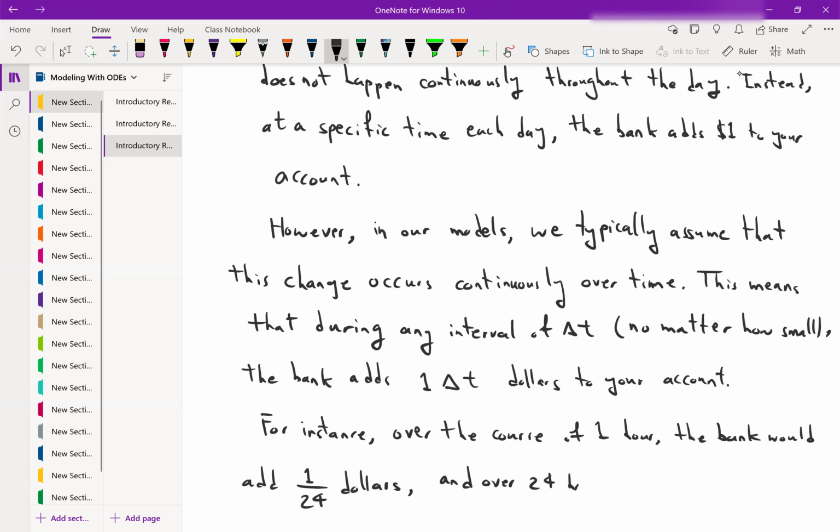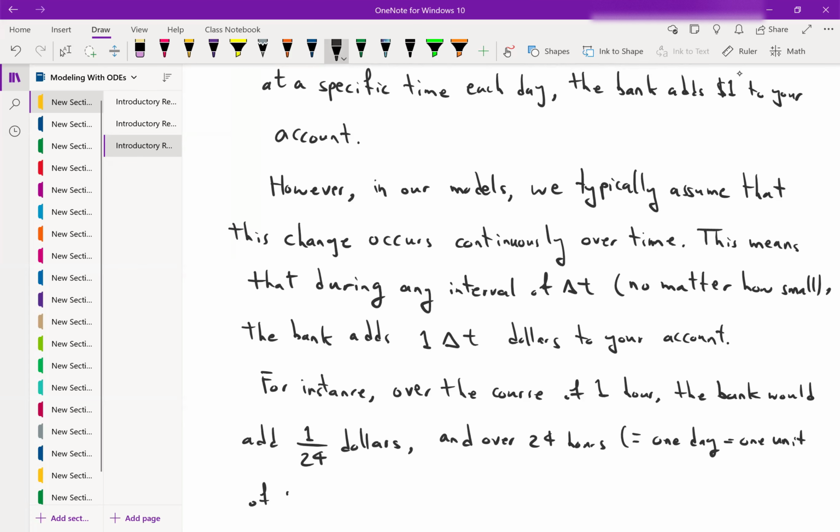And of course, over 24 hours, which is 1 day, 1 unit of time in this model, this is when delta t is 1, the total would sum to $1, which agrees with reality.